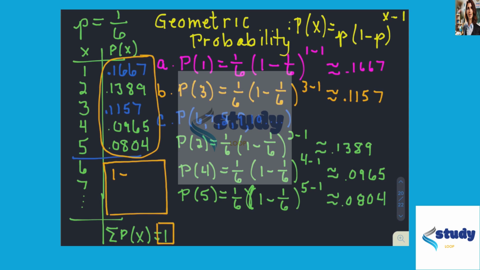So if we add up the probabilities of 1 through 5, we get a value of 0.5982. And therefore, the probability of winning on anything but the first 5 ends up being approximately 0.4018.